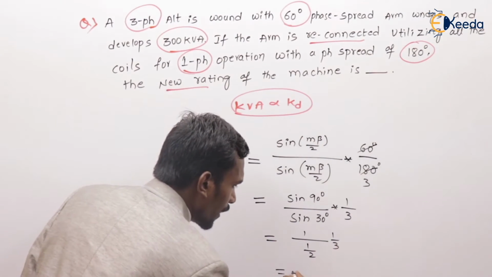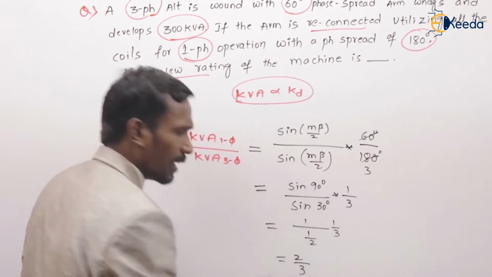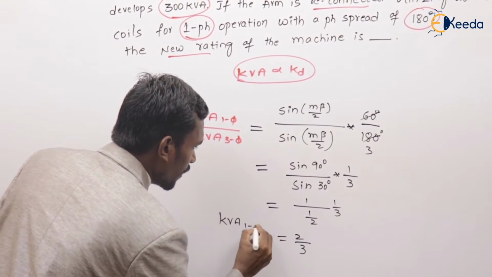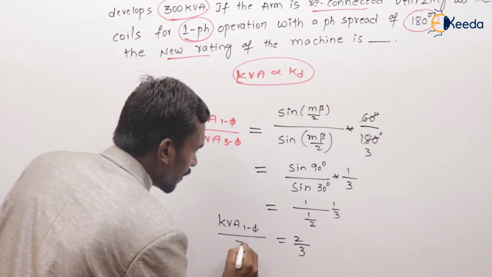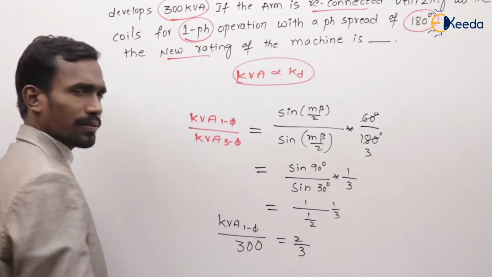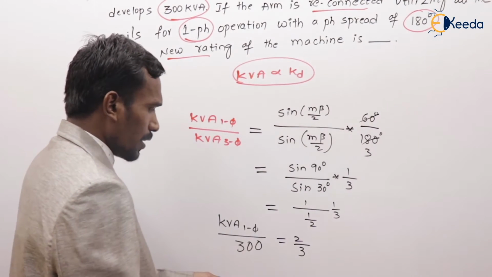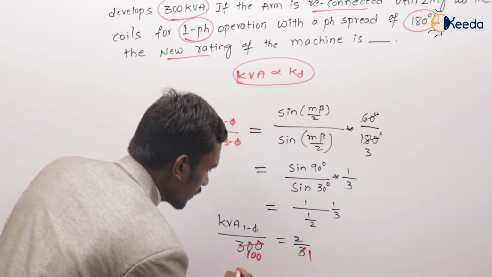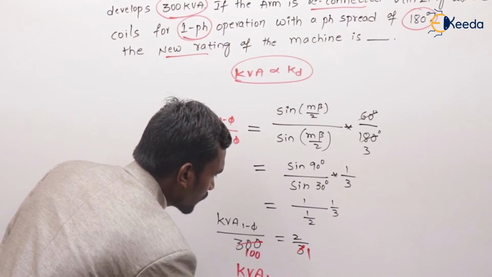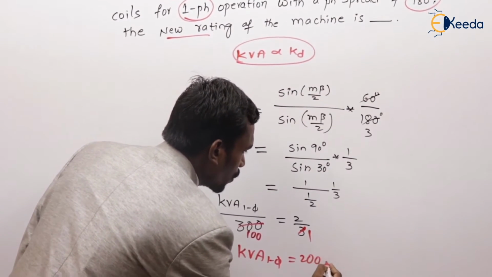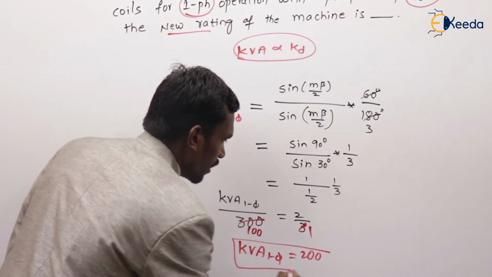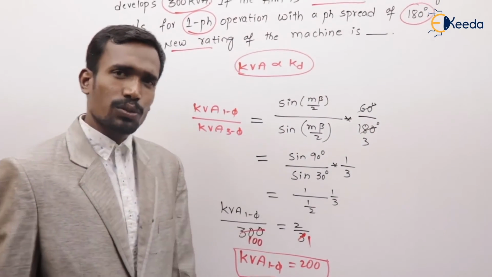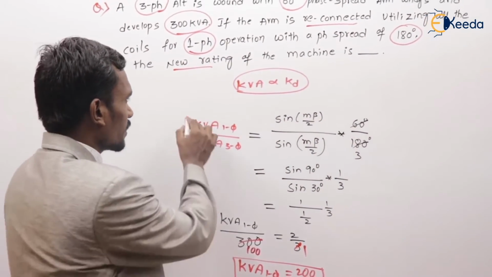So its value is 2 by 3, the kVA of single phase to the kVA of three phase. Now if you solve this, 2 by 3 of 300, the kVA of single phase is equal to 200. Yeah, this is our answer.